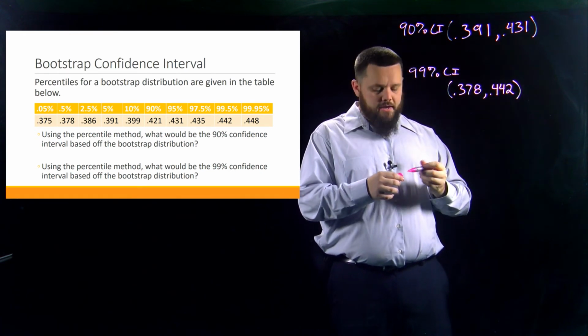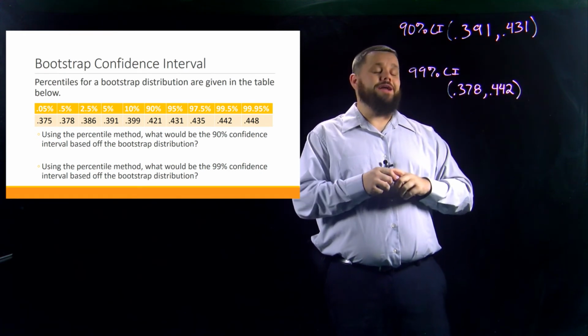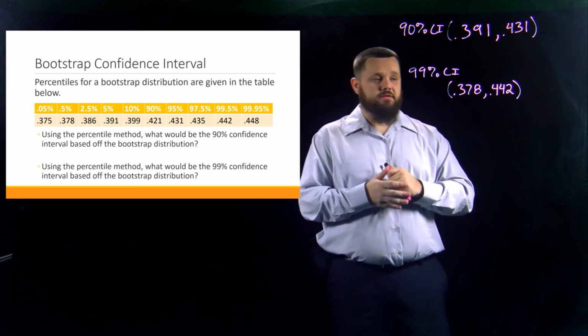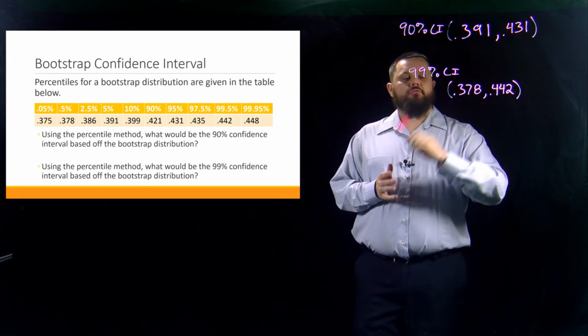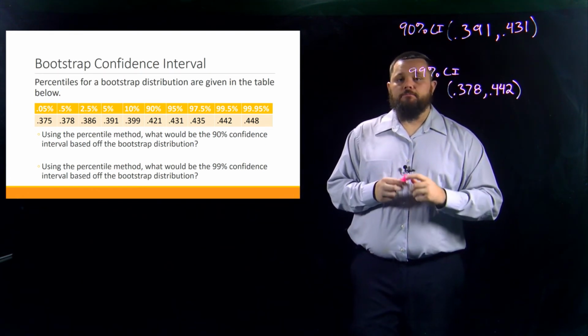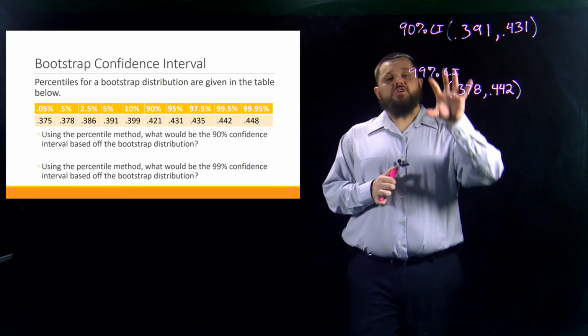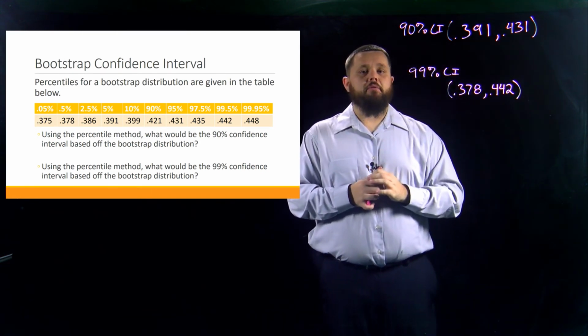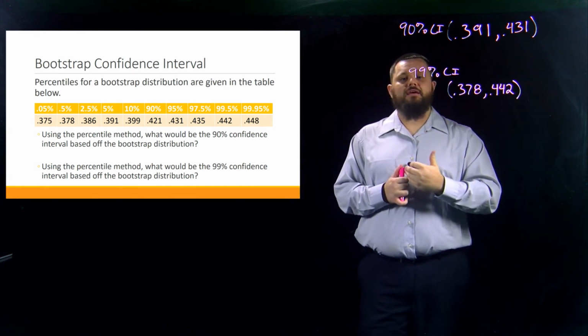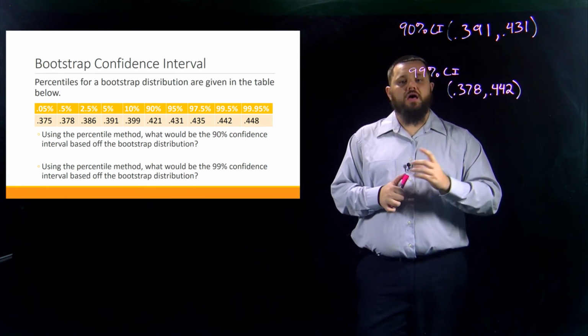So our 99 percentile, or I'm sorry, our 99% confidence interval would be 0.378 up to 0.442.